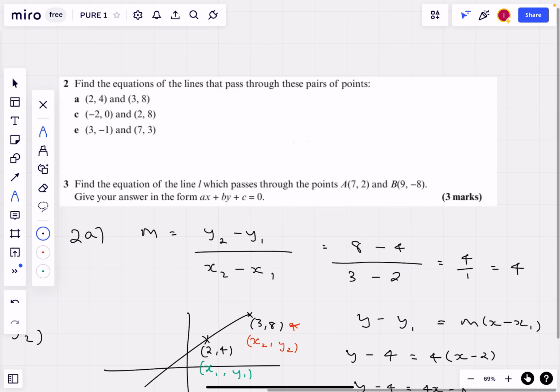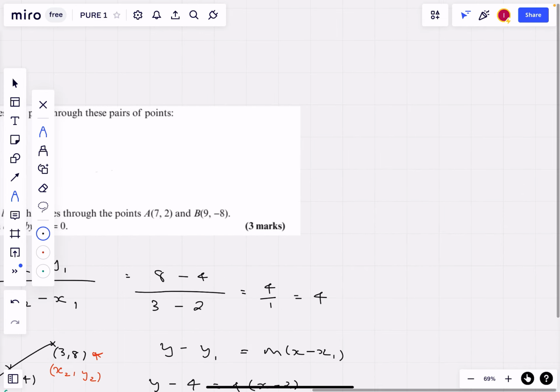So for C, which one will you label as x2, y2? This one, because that's higher up in the graph.